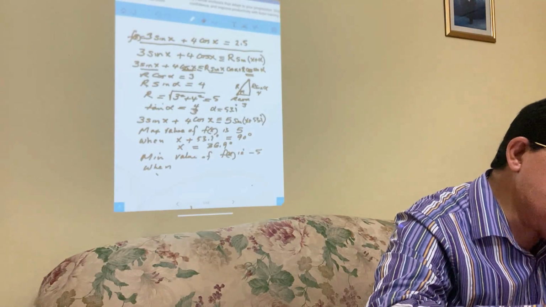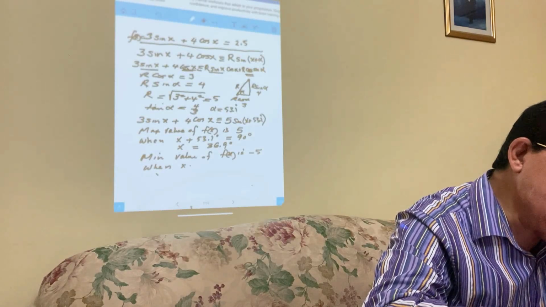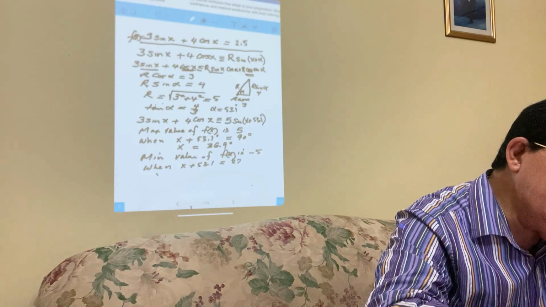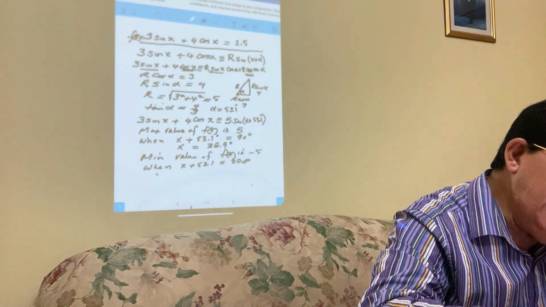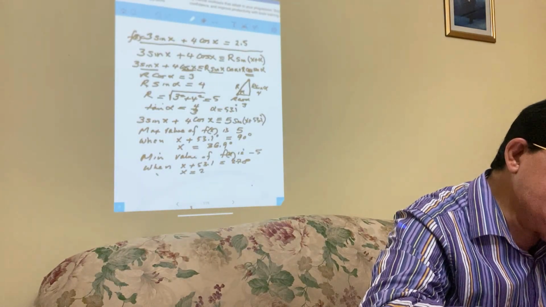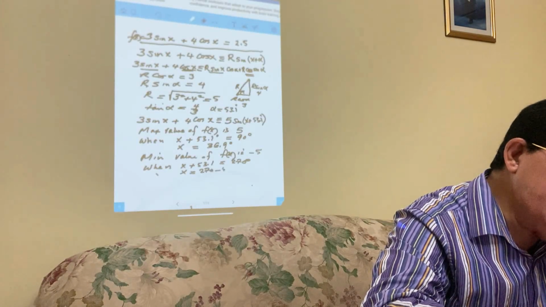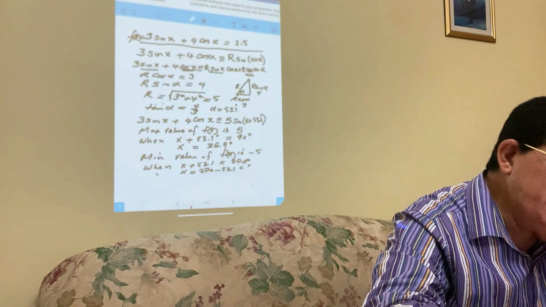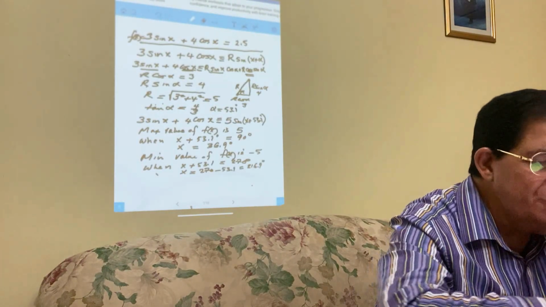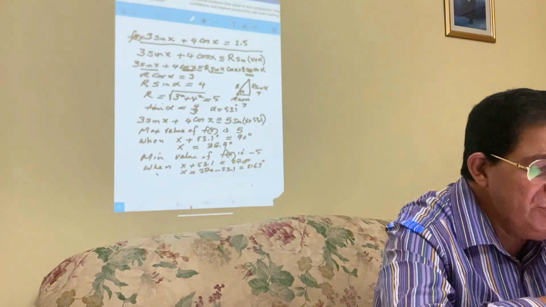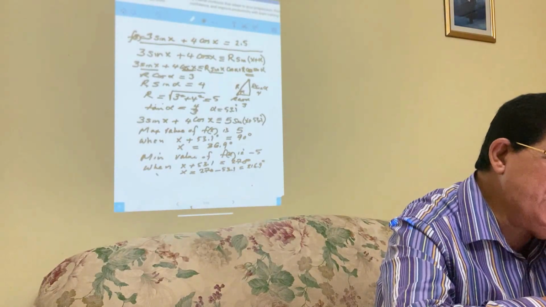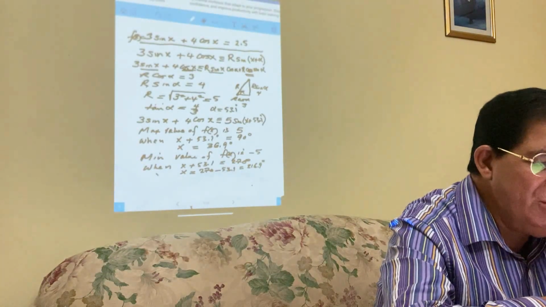When the angle is 270, when x plus 53.1 equal 270 degrees. Yani angle x equal 270 minus 53.1, which means 216.9 degrees. This means now we know exactly what is the maximum value and what is the minimum value.